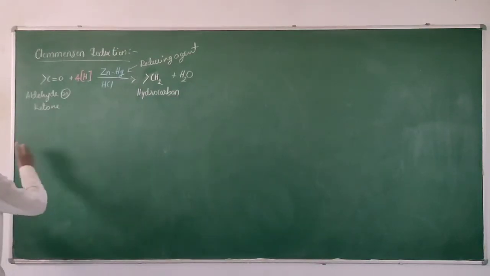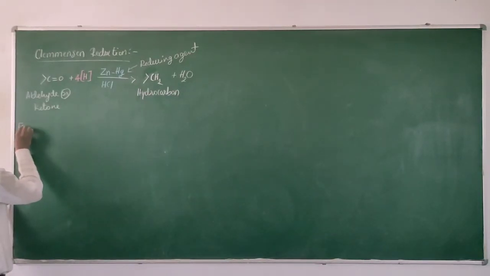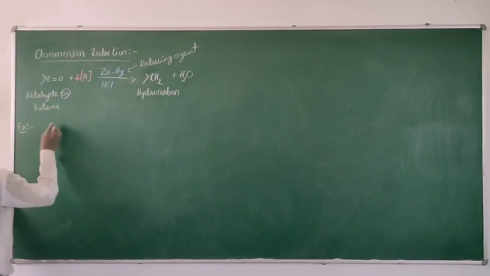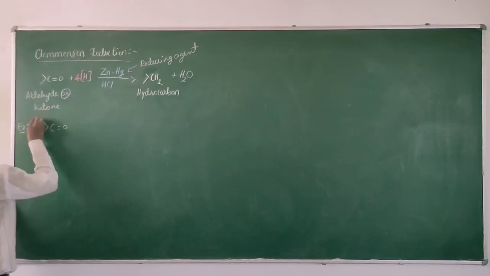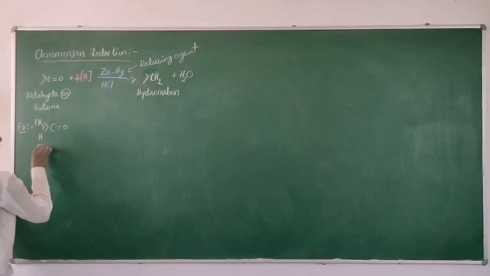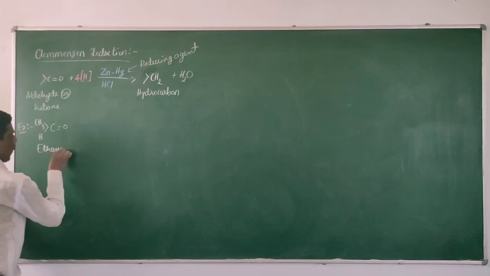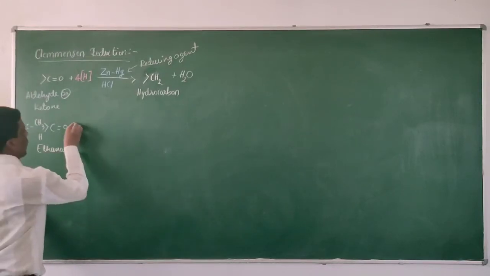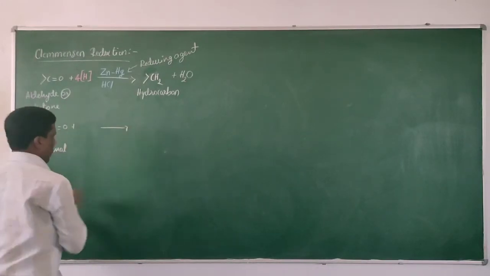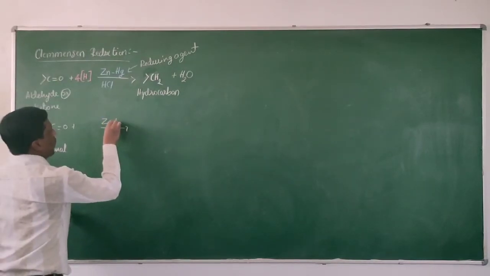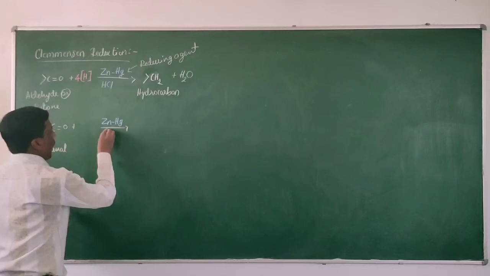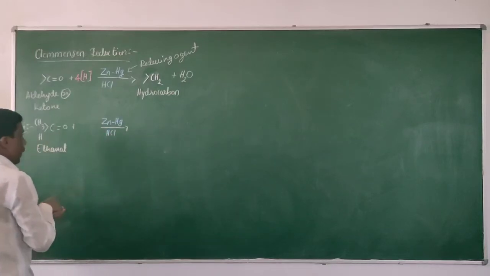Okay, let us take an example. Ethanal or acetaldehyde reacts with a mixture of zinc amalgam and concentrated HCl.